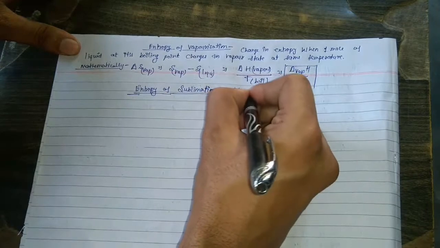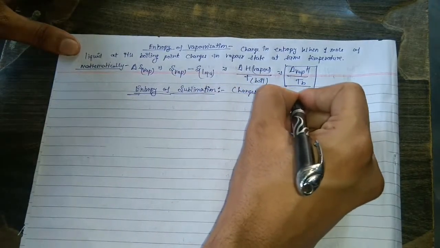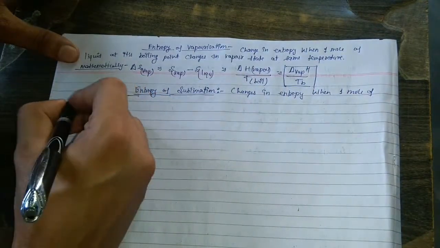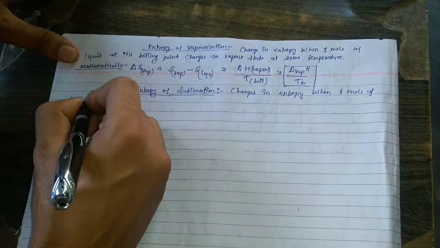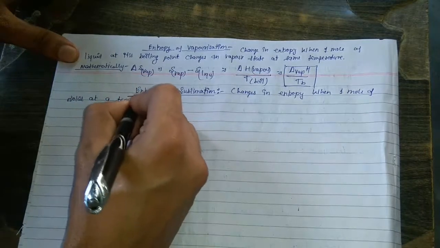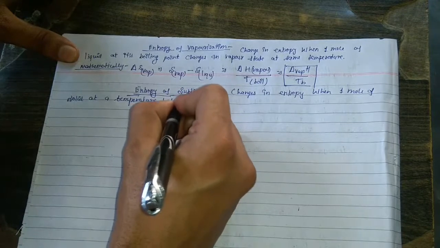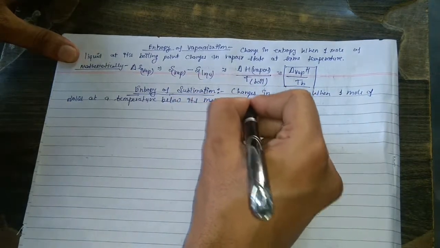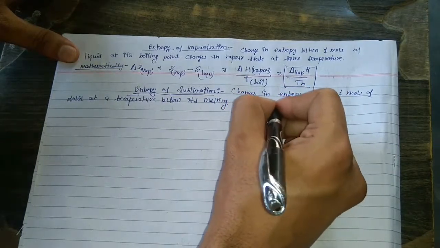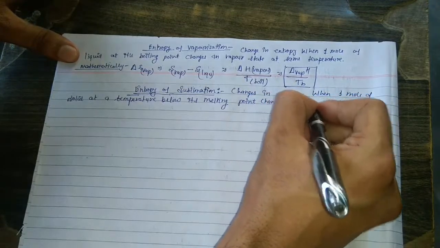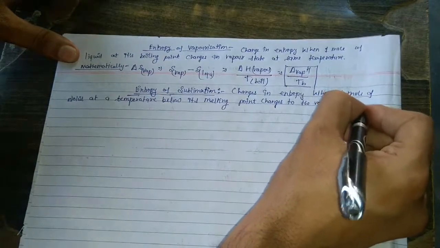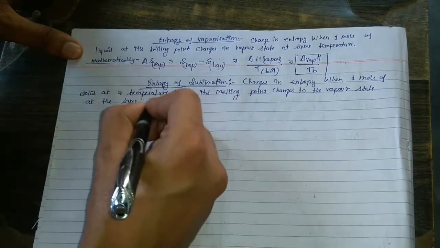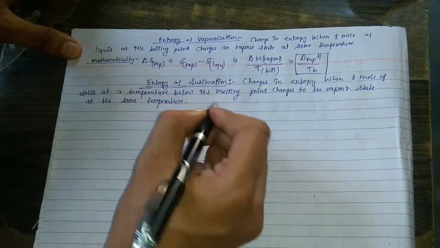So the change in entropy when 1 mole of solid at a temperature below its melting point changes to the vapor state at the same temperature is known as entropy of sublimation.